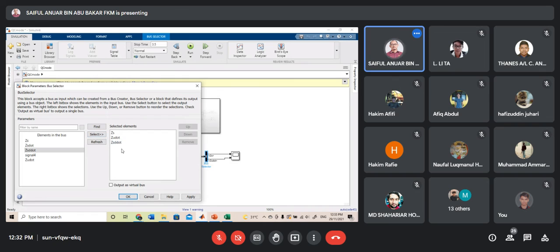ZS double dot, select. So we want to take a look first in terms of acceleration. Move up. Then next in terms of ZS. So remove. Yeah, we just want to see the motion of this. So acceleration, velocity, and displacement. So ZS dot, select, and then the ZS is last.